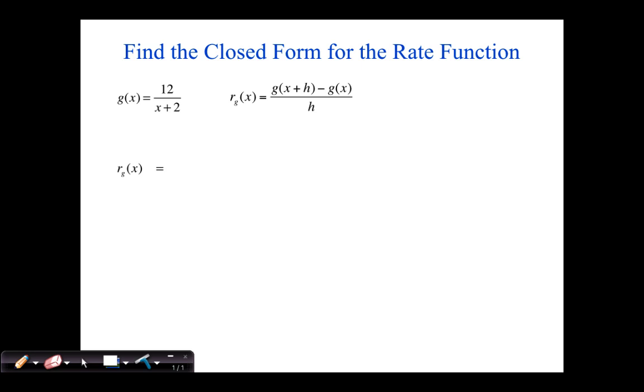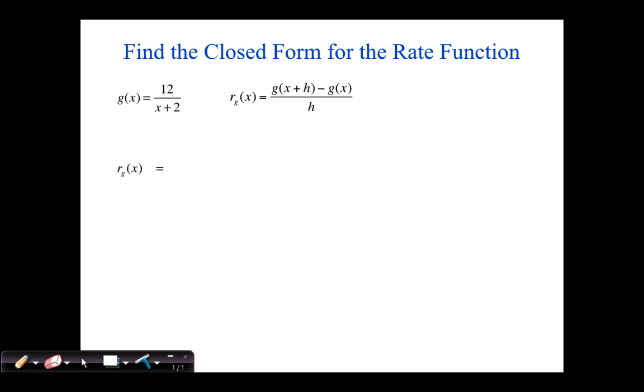Using our trusty model, in this case I'll call it g of x plus h, since it's function g instead of function f: g of x plus h minus g of x, all over h, change in y over change in x, and then we imagine h becoming essentially 0 so that we can get an exact expression, but we'll worry about that last. Let's first think about what the expression for g of x plus h would look like.